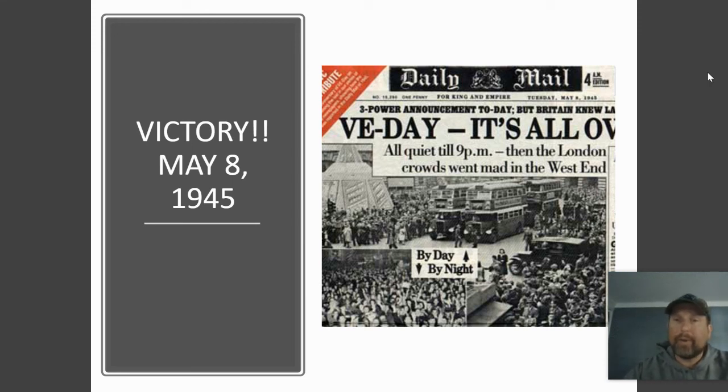But victory in Europe is huge, and it's kind of a foregone conclusion once the Allied forces are victorious on the beaches of Normandy. Although it may be a foregone conclusion, it wasn't quite done yet, and we get to see that with Nazi Germany on the run and the abandonment of death camps and so on. But victory has been achieved by the time the calendar reaches May 8, 1945. Victory has been achieved in Europe.